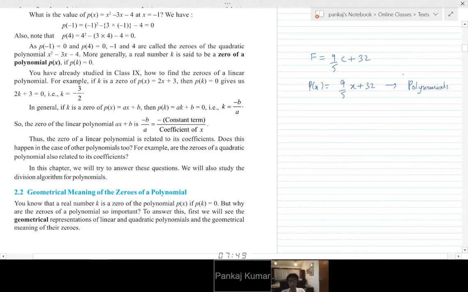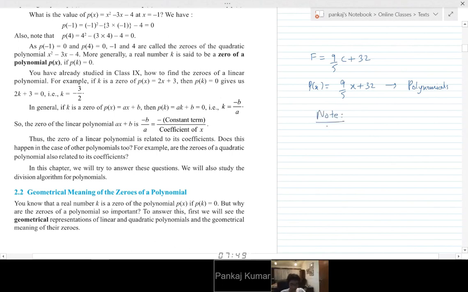So is the definition right for this? Any algebraic expression in the form of a_n x to the power n plus a_(n-1) x to the power n minus 1, up to a_0 x^0. So this fits in the definition of polynomials, right? Now one thing you must remember, and you should note it down.